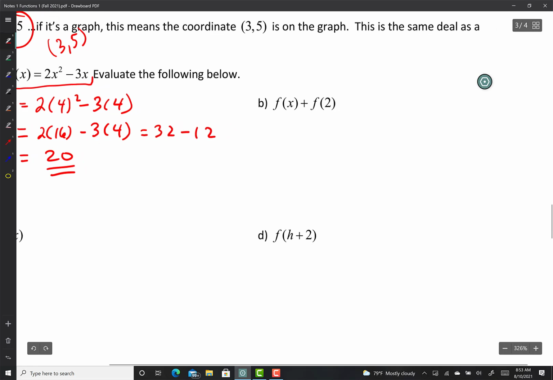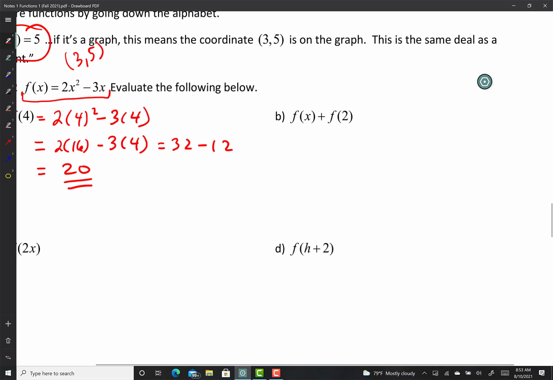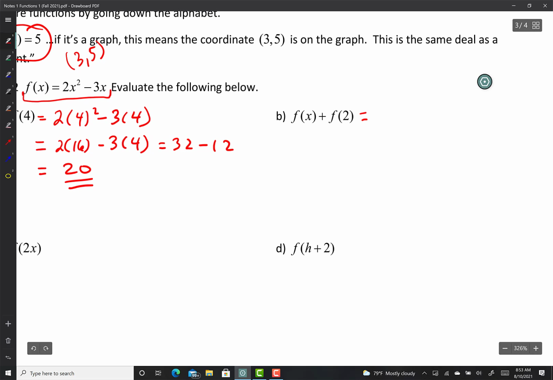And now letter B says f of x plus f of 2. So I write what f of x is. What is f of x? 2x squared minus 3x. If you want to put parentheses around that, you can, but I don't really see a real reason to. Then plus f of 2, so 2 times 2 squared minus 3 times 2.